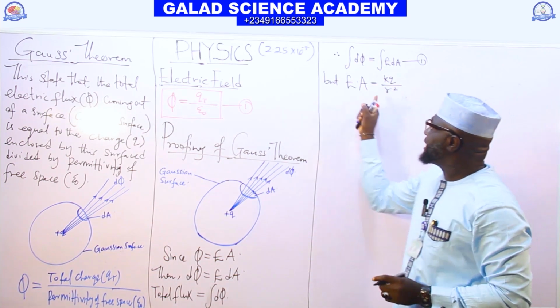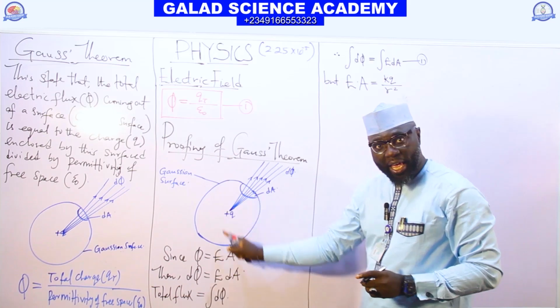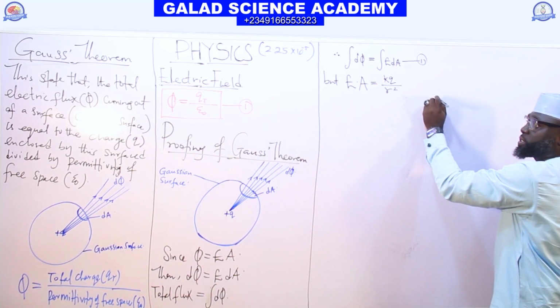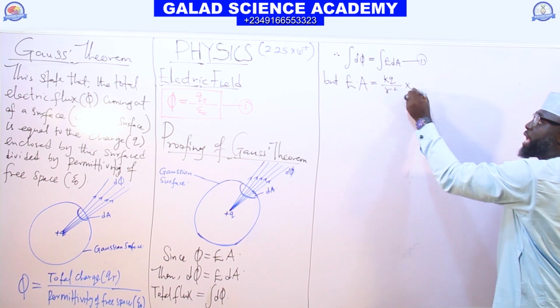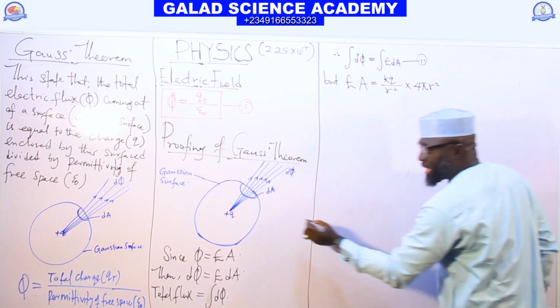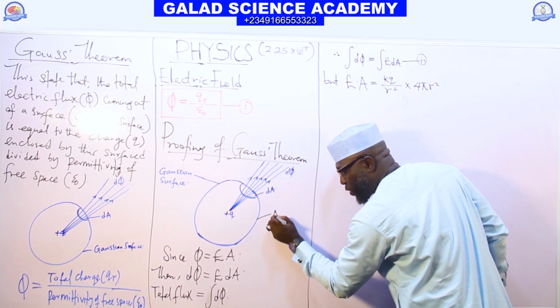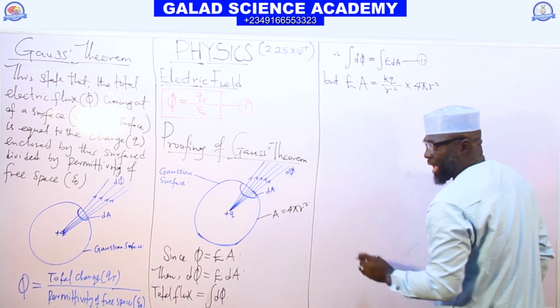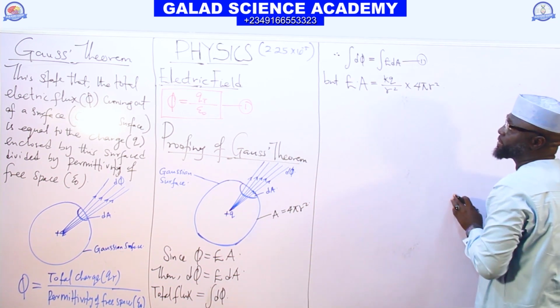And don't forget the area of the sphere. Area of the sphere A is equal to 4 pi R square.